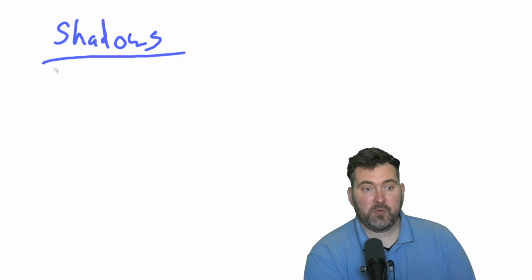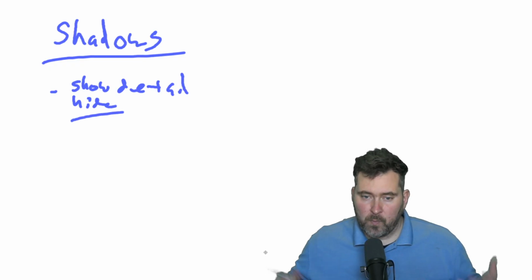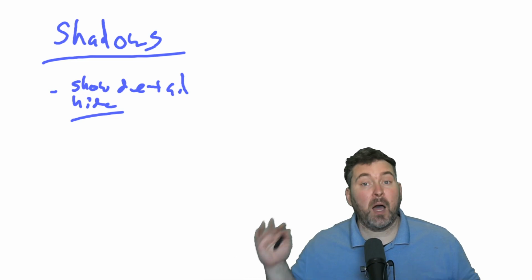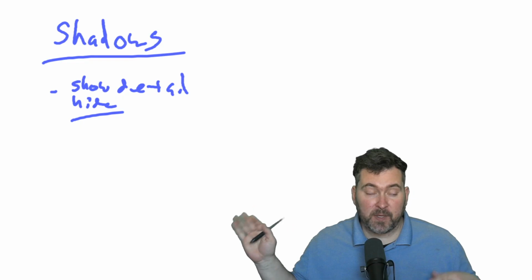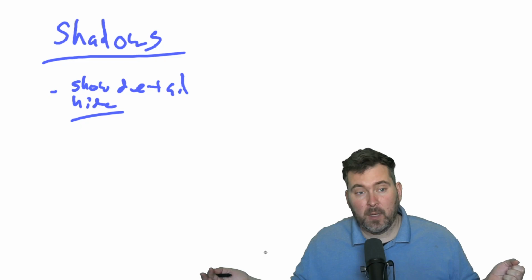Shadows can show detail or they can hide detail. You can cast a shadow on something intentionally, blocking it from the view of the camera in order to take away that effect somewhat.